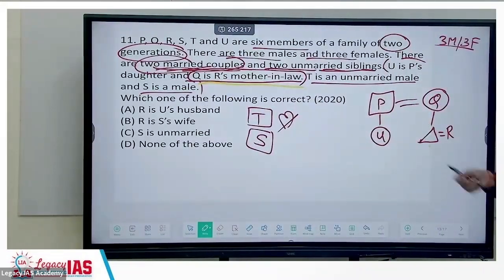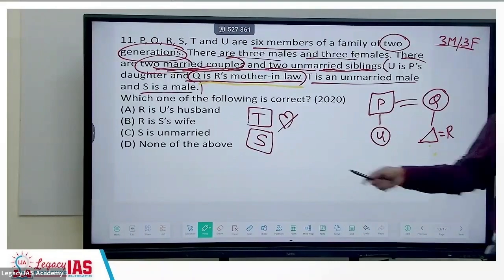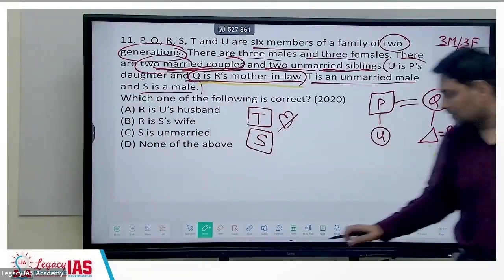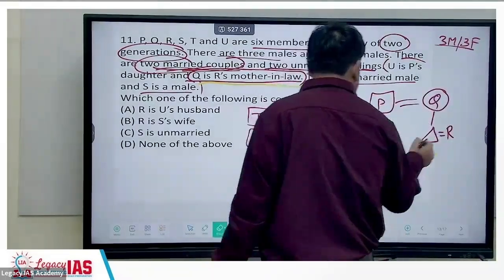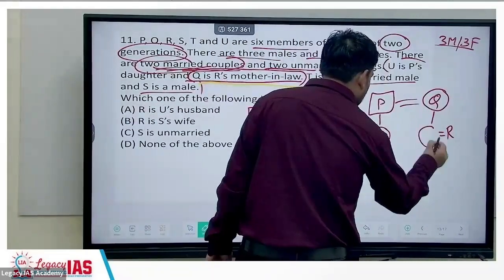So T and S are male as well as P is a male. So what would this person be? Sibling. Gender. Would be, this is male, this is male, this is male. So males we are done with. This has to be a female. Okay. So this person would be a female.